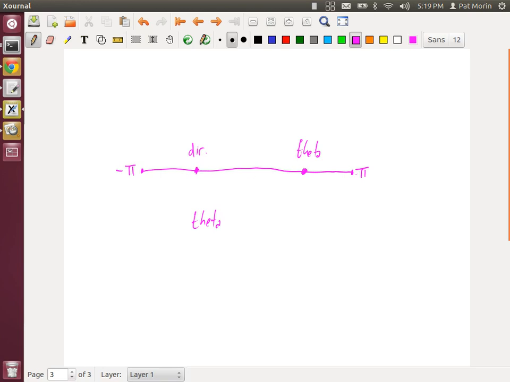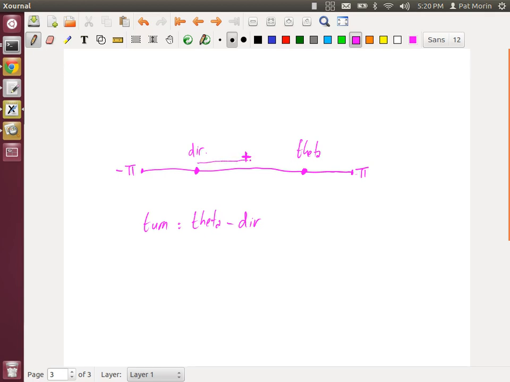So if I take this thing and I say something like, let's start the other way first. Theta and direction. So now, if this is what my picture looks like, this is the direction that I want to go, this is the direction I'm going.